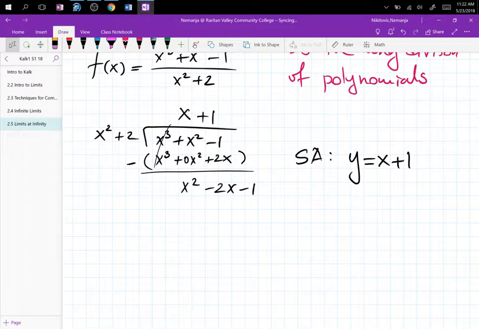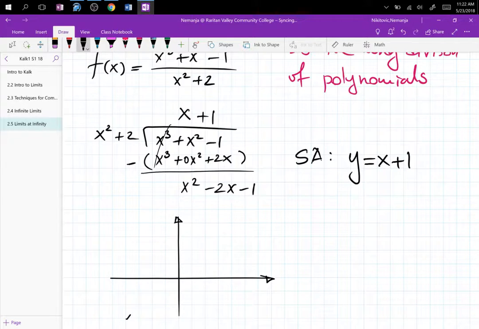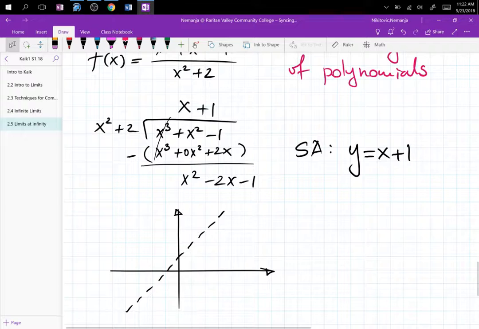So if I am to sketch this function quickly, I will say, all right, there is a slant asymptote at x plus 1, so that's here. That's the slant asymptote. Do I have a vertical asymptote? And the answer is no, because I have x squared plus 2.